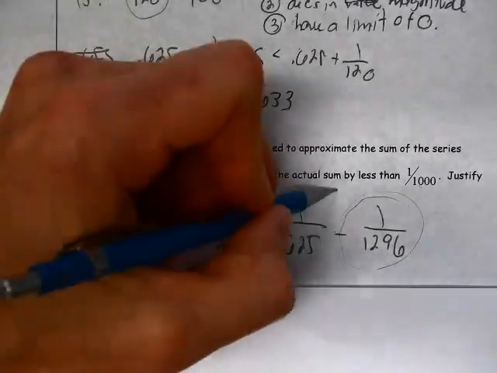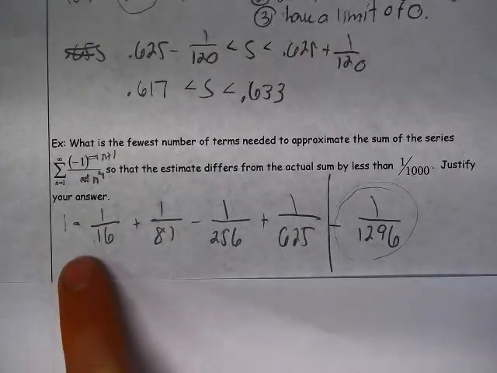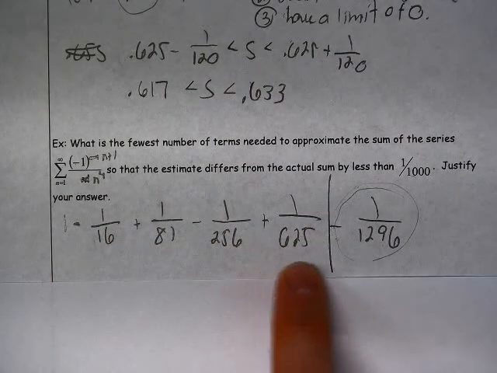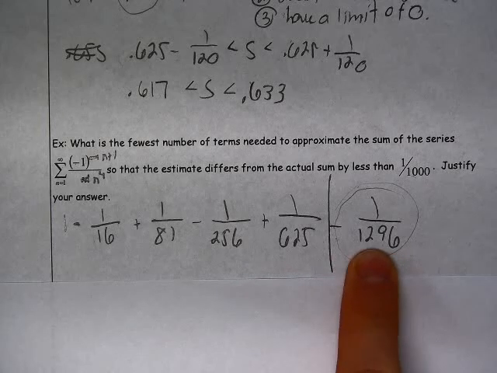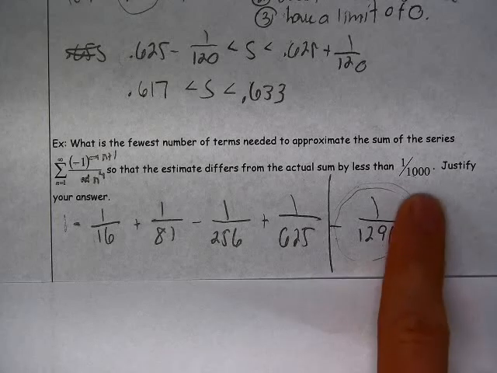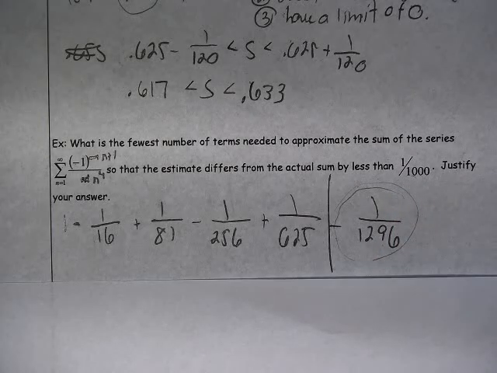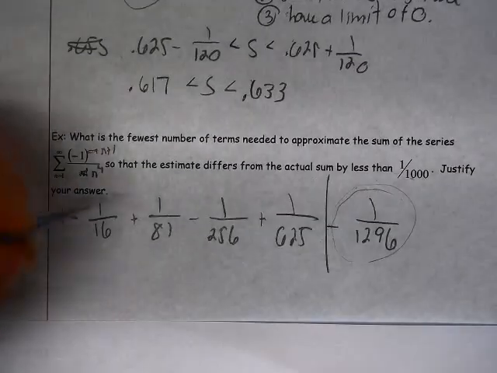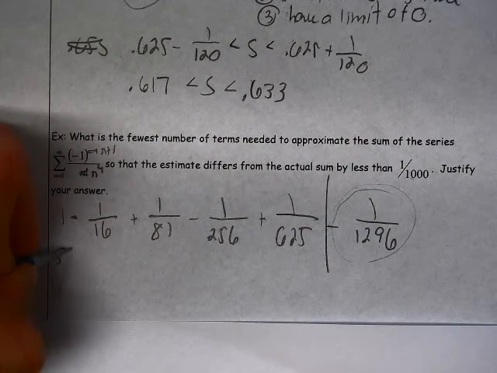So I know if I just use these first 1, 2, 3, 4, 5 terms, then I'm going to be within 1 over 1,296th of the true sum, which is less than 1 over 1,000th. Right? So I can say that 5 terms are needed.